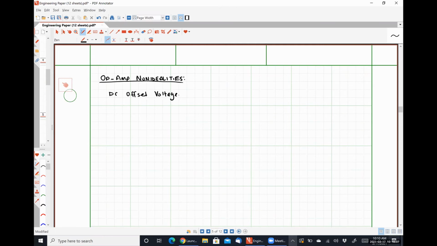So I want you guys to consider the following circuit. Think really hard about the answer. For such a configuration, what should Vout be? 0, right?